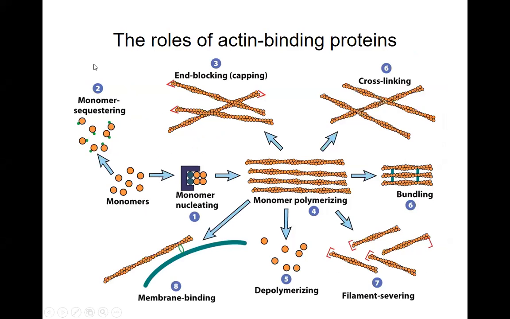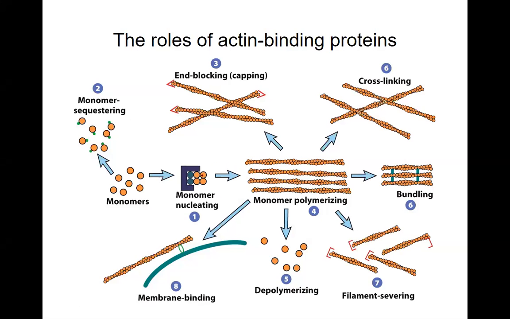So there are many different types of actin binding proteins. And if we start from number one here, this one, monomer nucleating protein, is a protein that helps in the nucleation of the actin. Remember in the in vitro assay, the cell-free assay that I described before the break, we saw that there was a small strand of an actin filament which acted as the nucleation factor there.